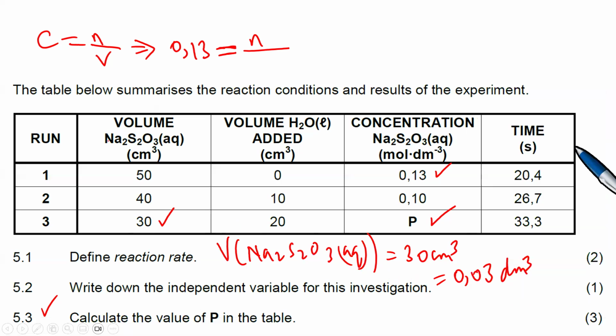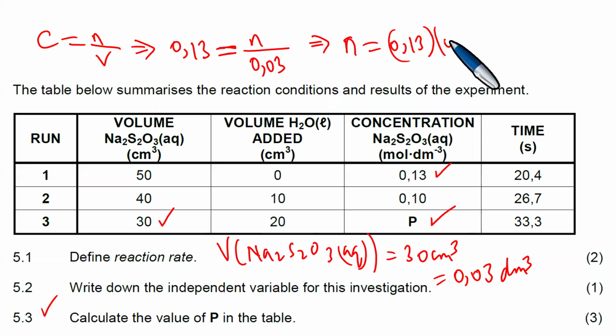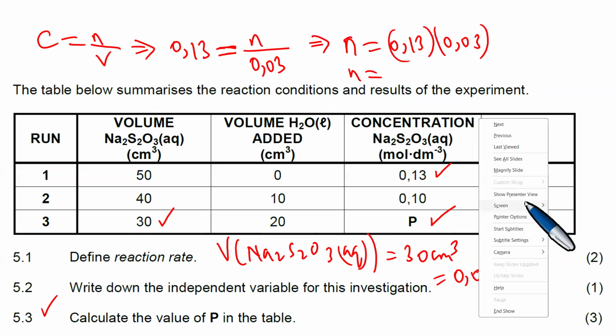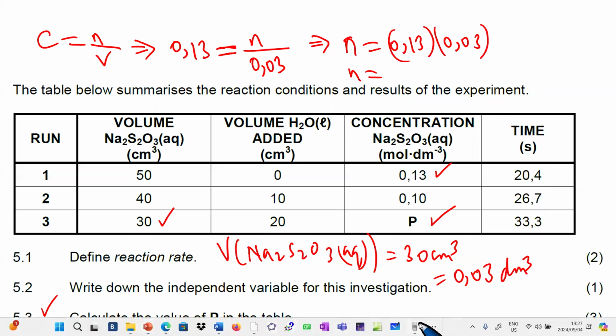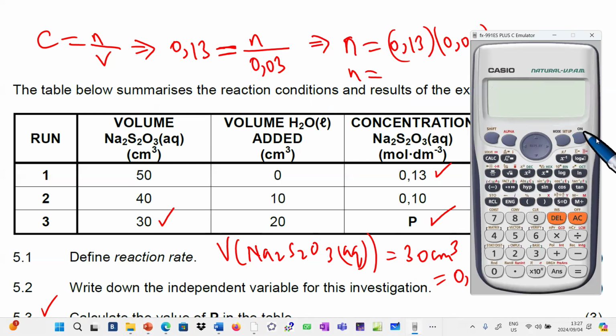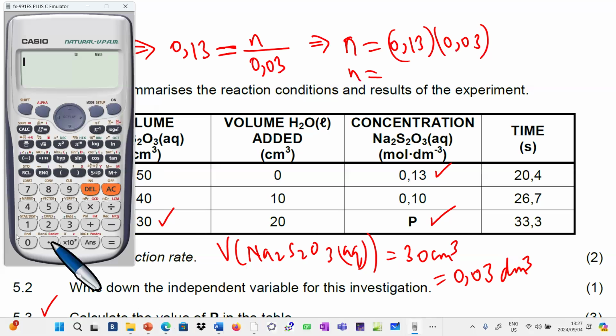So we're going to put 0.03 so that now the N, you have the 0.13 times 0.03.